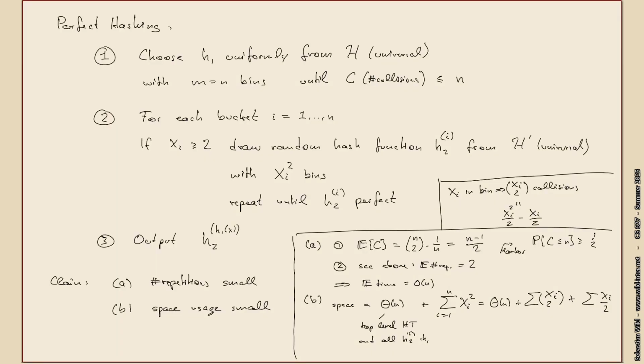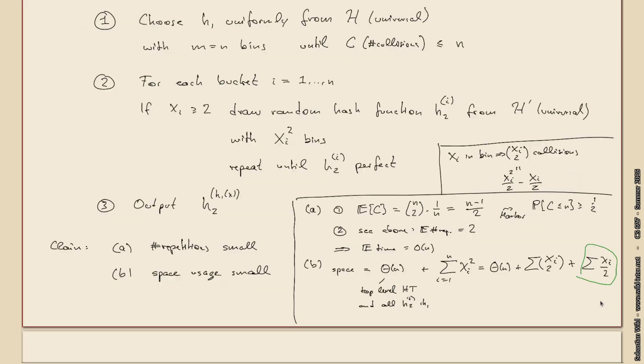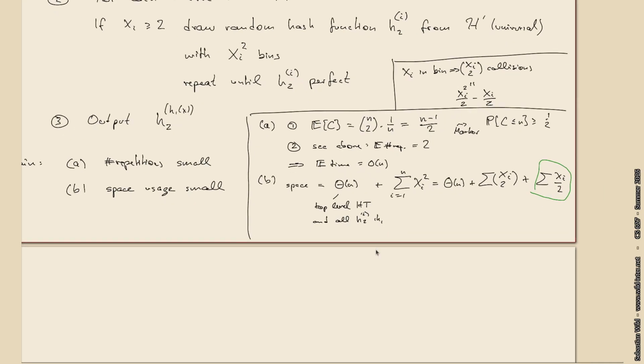Now the second part here, that's summing up the sizes of the bins and divides by 2. So that's going to be less or equal n, or n half really. So that part goes into the theta of n bit. And this other term, well, every bin causes exactly that number of collisions. So what we're summing up here is all collisions.